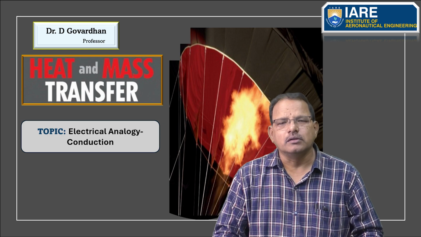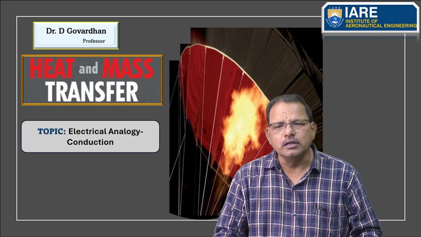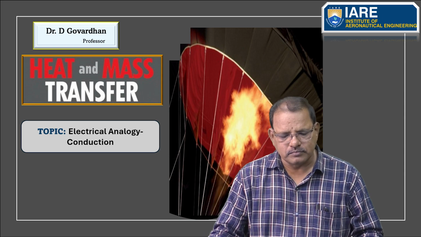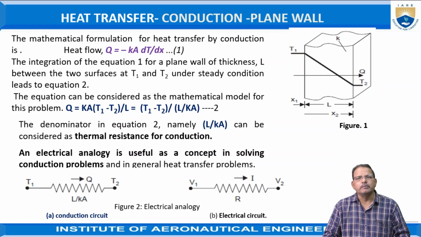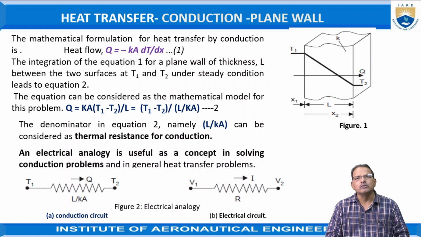Today, we are discussing the electrical analogy of the conduction process in the heat and mass transfer subject. The mathematical formulation for heat transfer by the conduction process can be written as Q is equal to minus K into A into dT by dx.